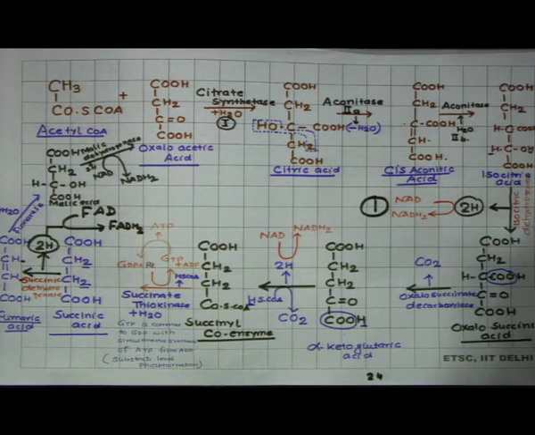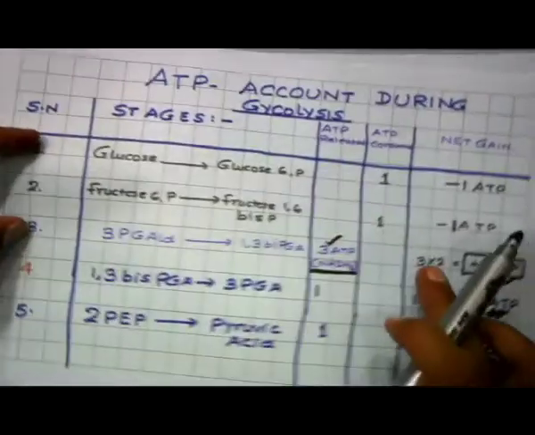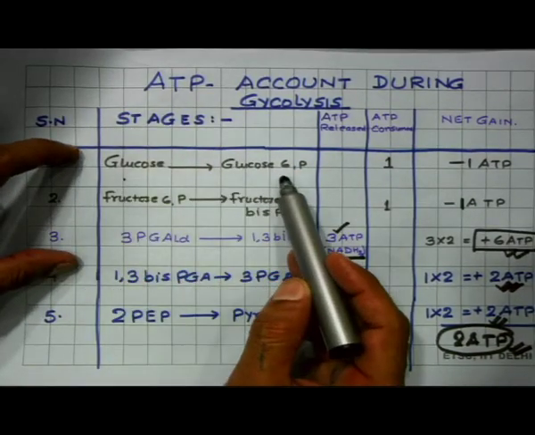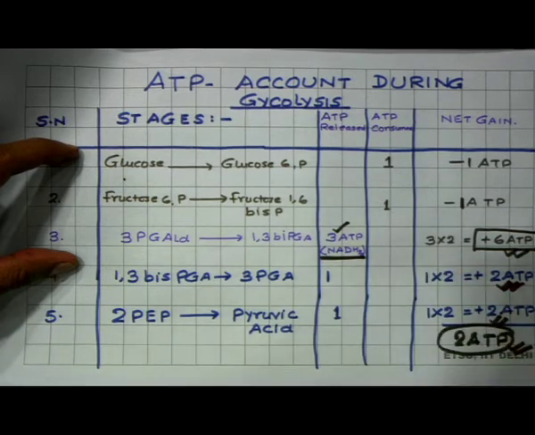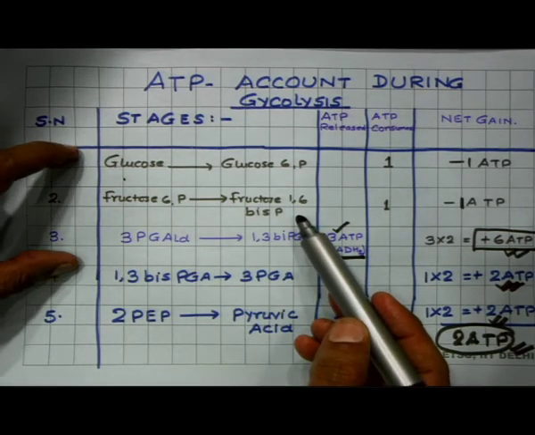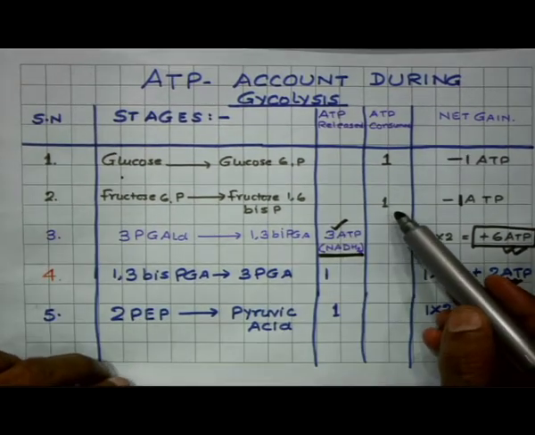oxalosuccinic acid. So, when we summarize the steps where the ATP is formed, we have already discussed in ATP formation. In glycolysis, glucose is converted into glucose 6 phosphate, 1 ATP is consumed. When fructose 6 phosphate is converted into fructose 1,6 bisphosphate, 1 ATP is consumed.